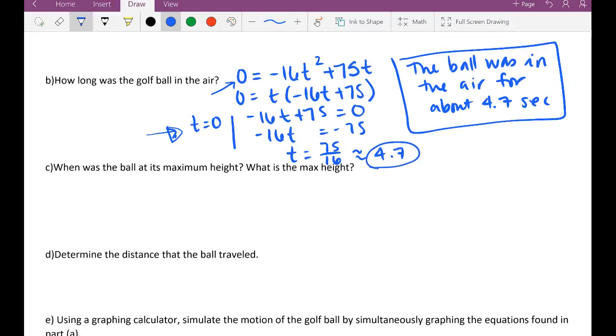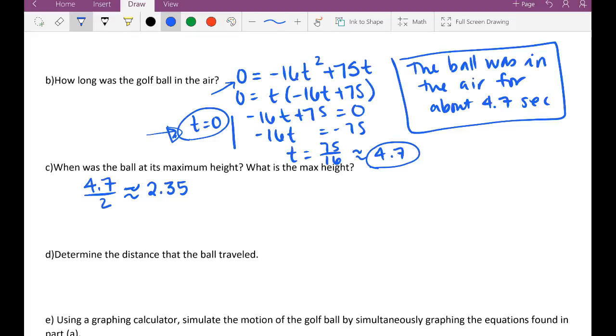Well, from 0 to 4.7 is a total of 4.7 seconds. Its maximum height has to be in the middle if we are talking about a parabola. So we can take 4.7 and divide that by 2. We are now approximating that the maximum height has to be at about 2.35.